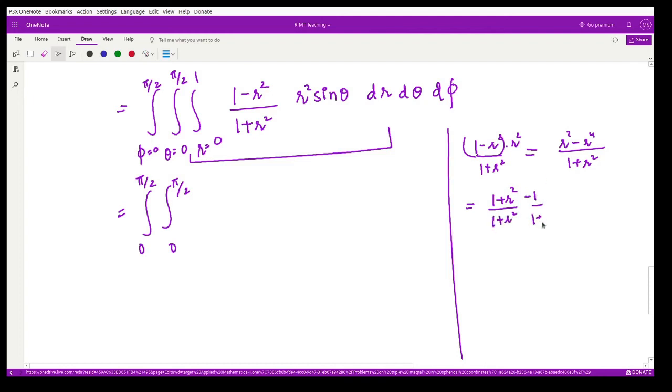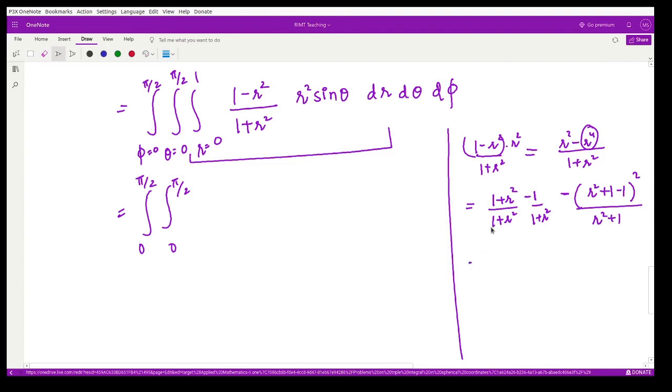This is for the first term. For the second term, minus r to the power 4. I can write r to the power 4 as r square whole squared, right? Now I can add 1 and I can subtract 1, right? There is no problem. So this is simply equal to this term. So I can write it like this.